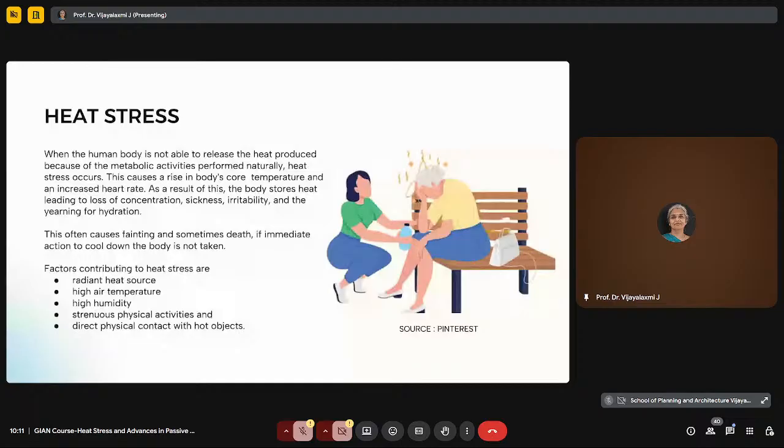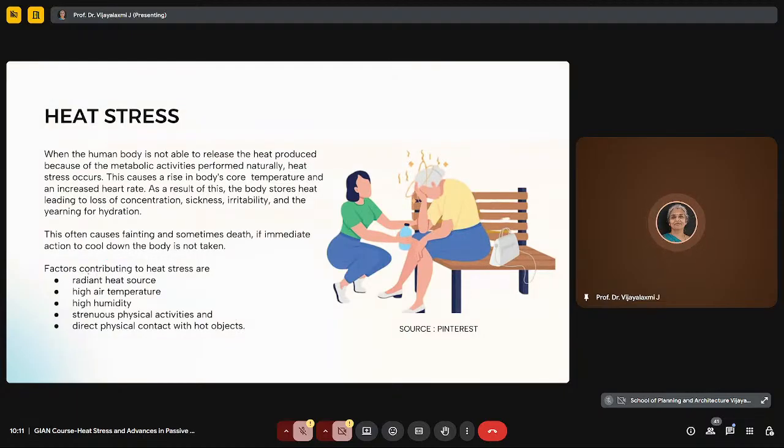The body stores heat, leading to loss of concentration, sickness, sometimes fainting and also death. That is the reason we are looking at heat stress as an issue. And like I said, it's not visible, and therefore declaring it a disaster takes time, because there is no physical evidence.